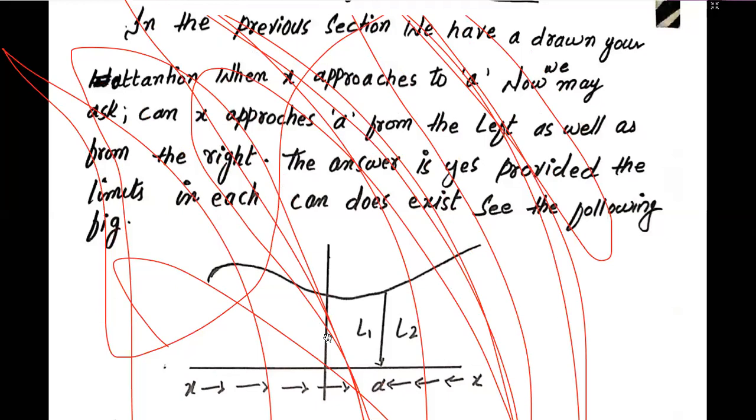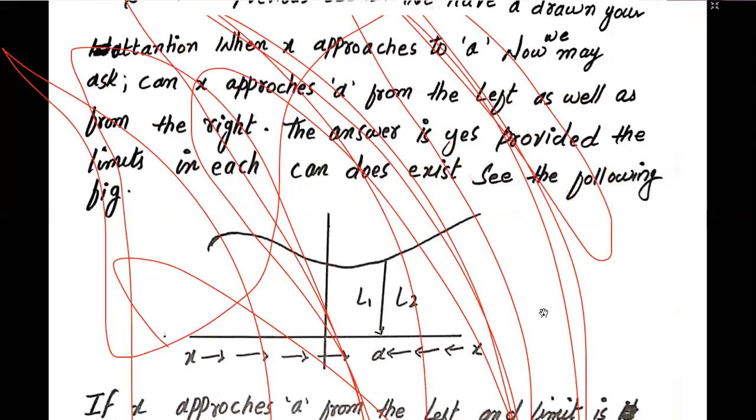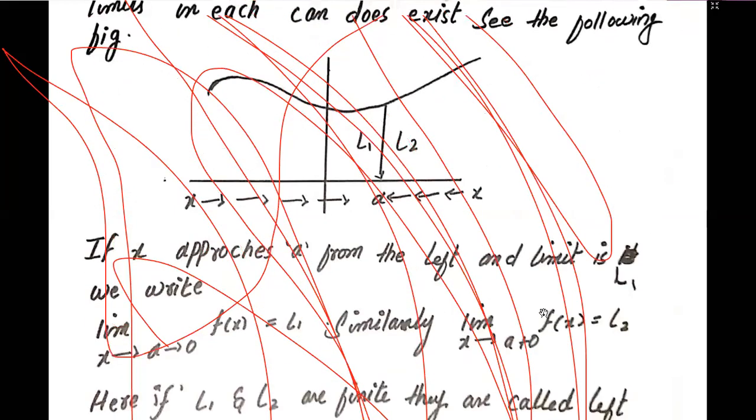Now, it means x approaches a, where a is any fixed number, either from the left side or from the right side, no problem, but the limit must exist. When x approaches a from the left, suppose the limit is L1, and again x approaches a from the right, suppose the limit is L2, and L1 and L2 must be finite.